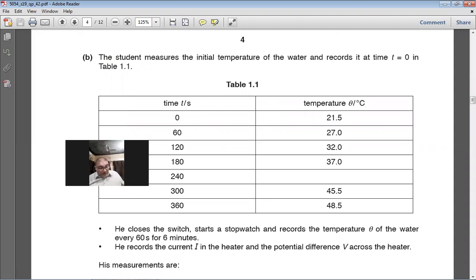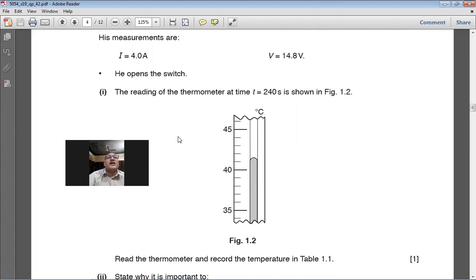In the first column, we have the time, which is in seconds, and then we have the temperature, which is in degrees centigrade. So he closes the switch, starts a stopwatch, and records the temperature theta of the water every 60 seconds for 6 minutes. He records the current I in the heater and the potential difference V across the heater. His measurements are, the current I is 4 ampere and the voltage V is 14.8 volt.